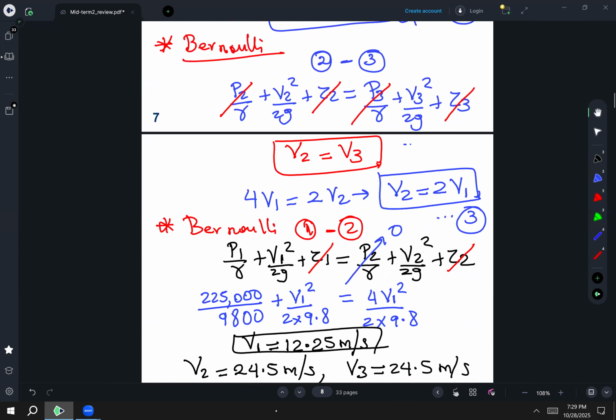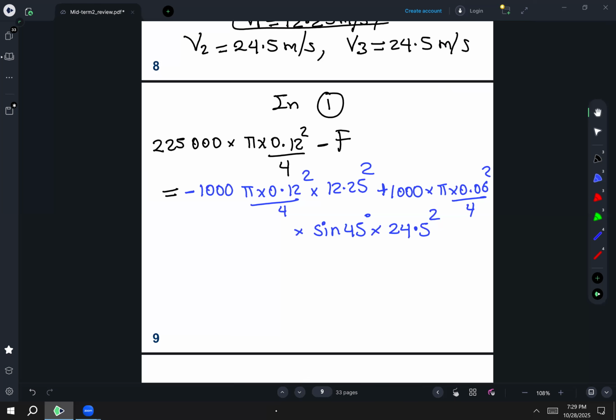Yes. So we will have that one. Let me check. So it's going to be 1000 pi 0.06 squared over 4 times 24.5 squared times sine of 45 degrees. Okay, this looks correct. And therefore, from this, the only unknown is F, and F will give us a value of 3041.8 newtons.